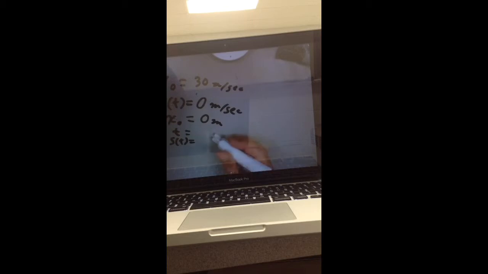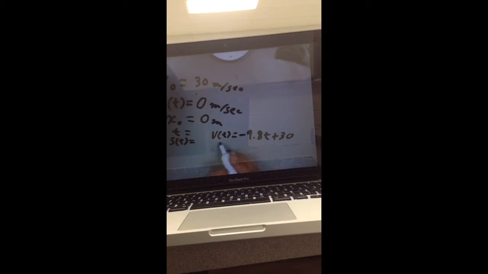So, the velocity equation is v of t equals... Do you remember what it is? It's gravity, right? Which is? Yeah, negative 9.8 t, just t. Negative 9.8 t plus the initial velocity, which is 30, right? All right, so when is this equal to 0?